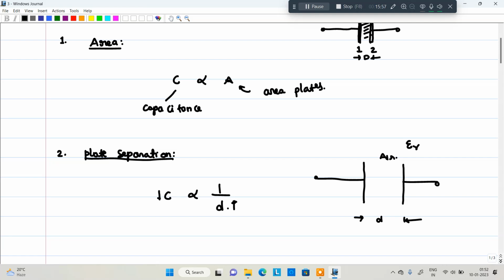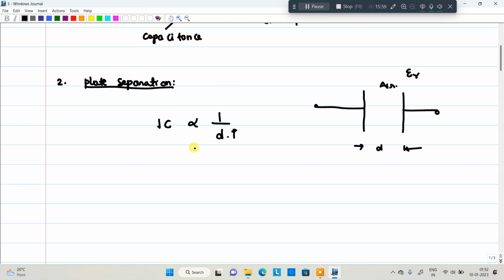Okay, next, the fourth one. I have to be clear about that. The fourth one is the type of dielectric media. Just now capacitance is inversely proportional to distance, and with thin dielectric media, more capacitance.